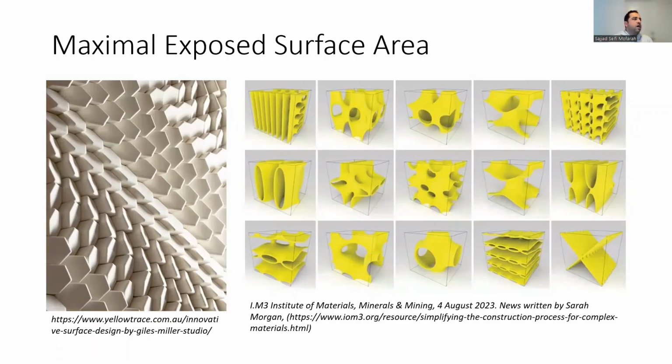Here it shows different types of architecture for materials and how you can maximize the contact surface, because the higher the exposed surface area you have, the higher the interaction and Faradaic reactions happening at the surface, and that means you're more likely to get higher energy density and also power density.